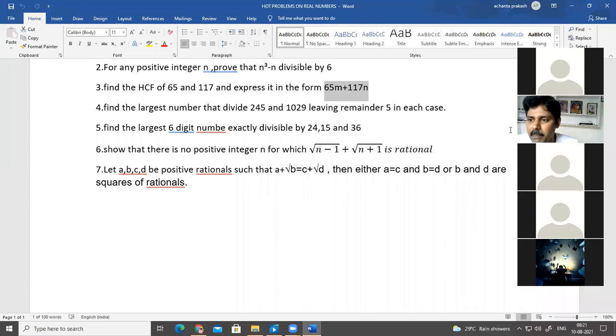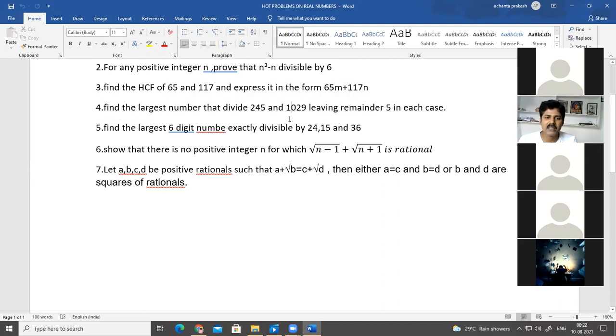There are different solutions. So when you express the HCF of two numbers in a linear form, it cannot be unique, but we can express it as 65m plus 117n. That is one very important problem that leads to the necessity of solving linear equations in the fourth chapter. We'll move on to the next one.